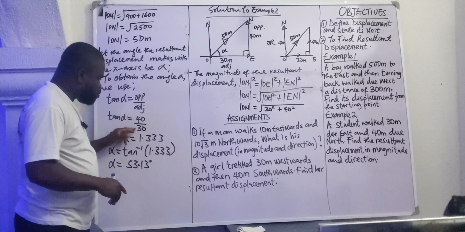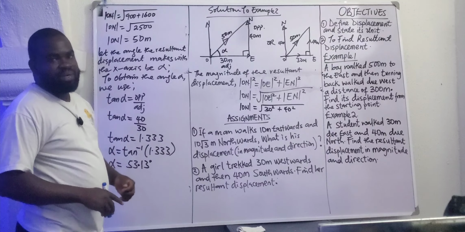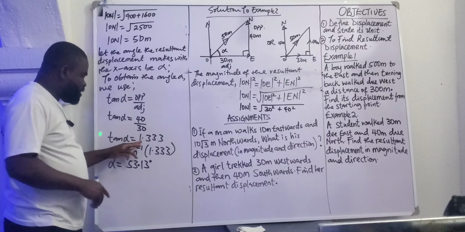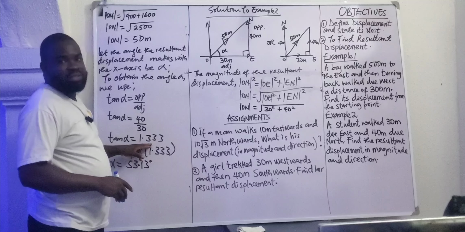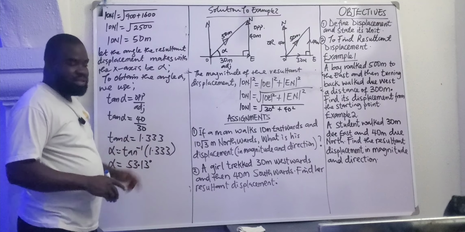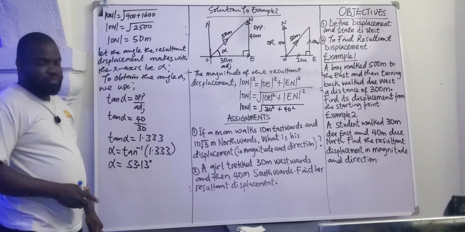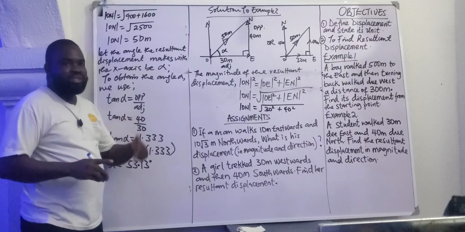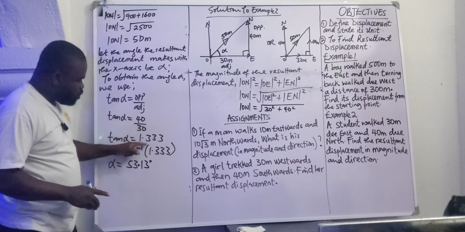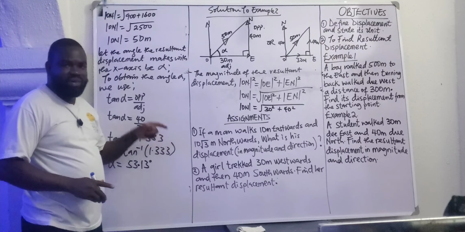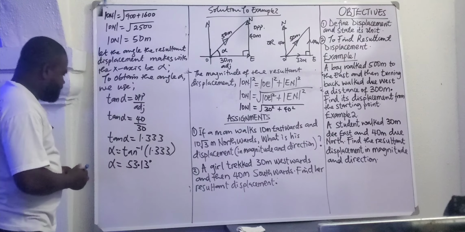But if you divide two values and you get numbers with more than 2, 3, 4 decimal places, please don't use 1 decimal place. Here, it will be wrong for a student to use 1.3. If you do tan inverse of 1.3, the answer you get will be very far from the required answer. So you are warned. Once you know you will take sine inverse, cos inverse, or tan inverse after division, ensure the value you are going to take the inverse of is up to 3 or 4 decimal places. Please take note of that.